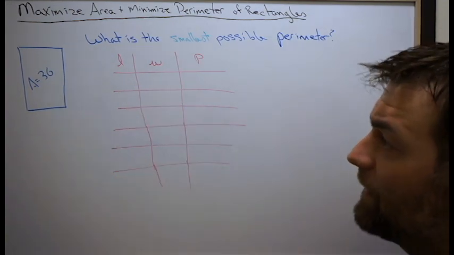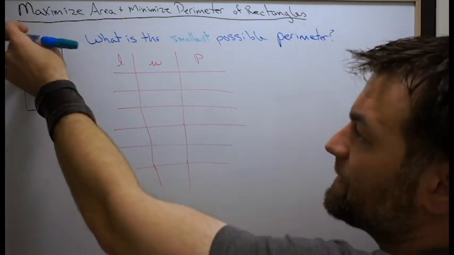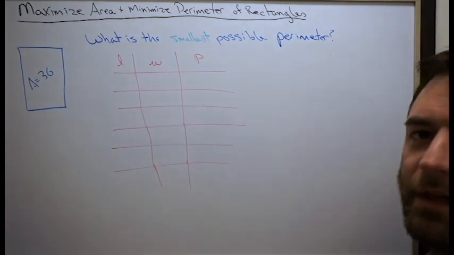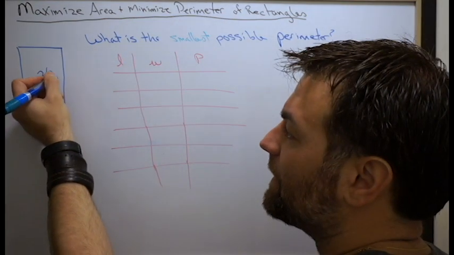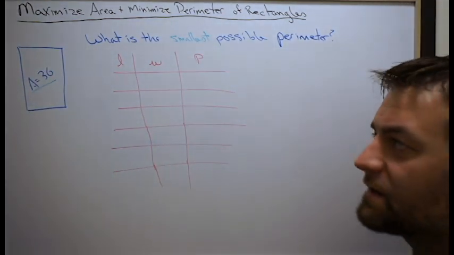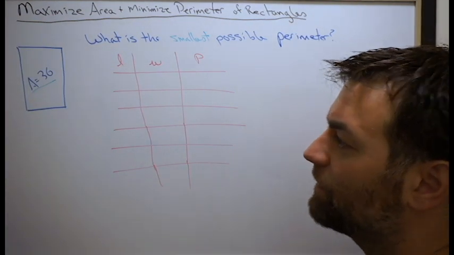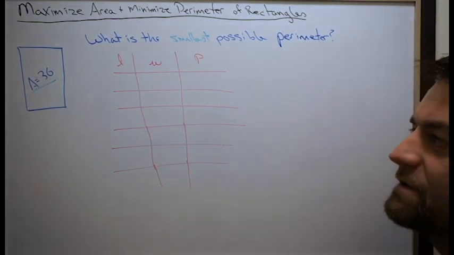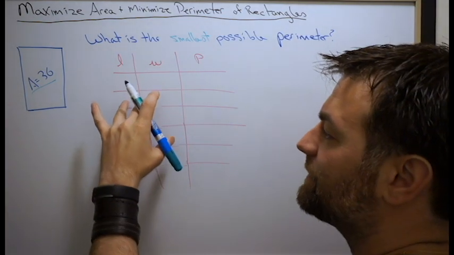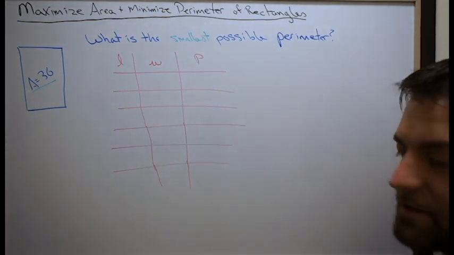We're trying to minimize this distance around the outside, so we have to find that length and width again. In this case, I'm giving you an area of 36. So around this rectangle, the length times the width is 36. We just need pairs of lengths and widths that will multiply to 36.